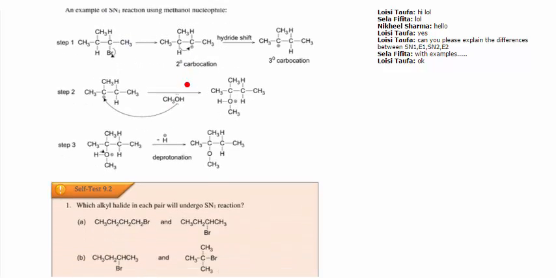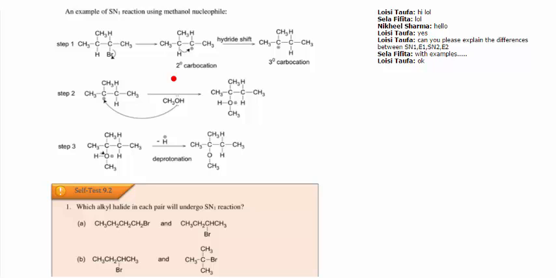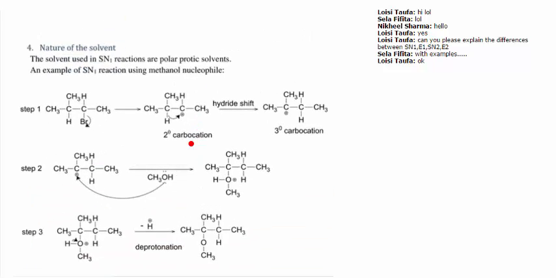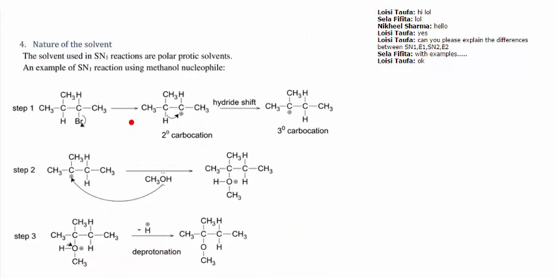Okay, looking at this example, in step 1, the leaving group will leave the alkyl halide.